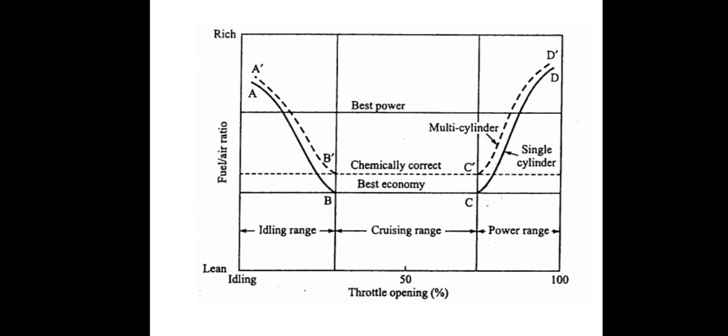The main objective is to obtain the maximum fuel economy. Consequently, in this range, it is desirable that the carburetor should provide the engine with the best economy mixture, which is slightly leaner than the stoichiometric air fuel ratio, or we can say stoichiometric mixture.